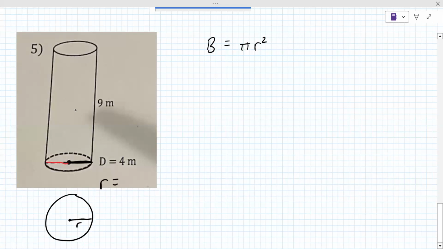Here's the radius, but if you go all the way across, it's 2 radiuses, or radii. What's the value of the radius if the diameter is 4? The diameter goes all the way across the circle. The radius goes halfway across.